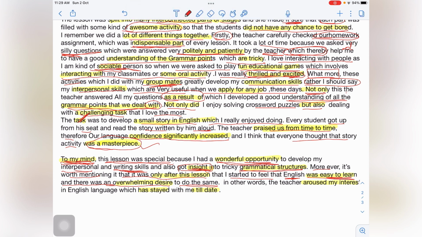In other words, the teacher aroused my interest in the English language, which has stayed with me till date. Which has stayed with me means till date, I have interest in learning. So this can also be used anywhere.